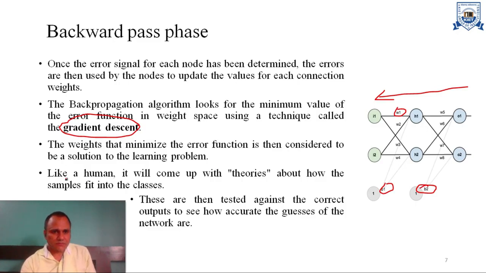Similarly, like we learn as human beings, we can learn from the mistakes. The same way, like a human, it will come up with theories about how the samples fit into the classes.